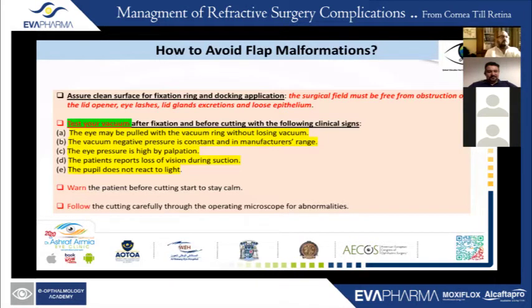The eye pressure is high. The patient reports loss of vision during the suction and the pupil does not react to light. At this point, you should warn your patient, we are going to start, you must be calm. And you must follow the cutting carefully under the microscope to detect abnormalities as early as possible.